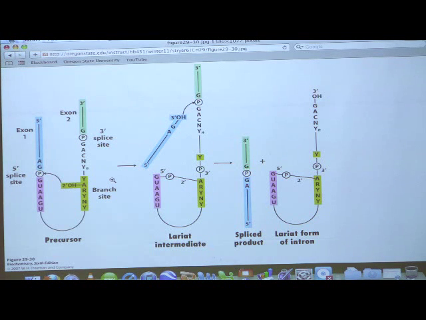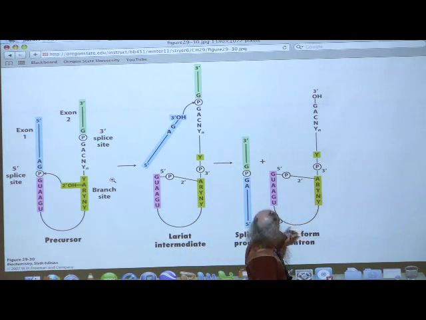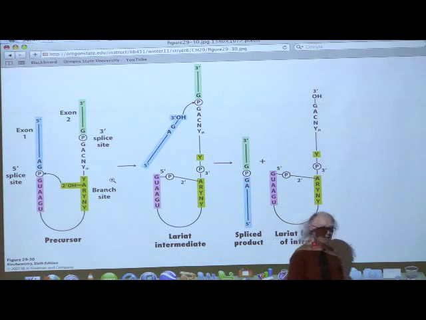Now, the most common question I get is, well, what happens to that lariat structure? For the most part, nucleases break it down. So this is one of the ways we've got to salvage nucleotides. When we break this down, we're going to make nucleoside monophosphates. In some cases, and these are unusual, there are sequences in here that can be translated.